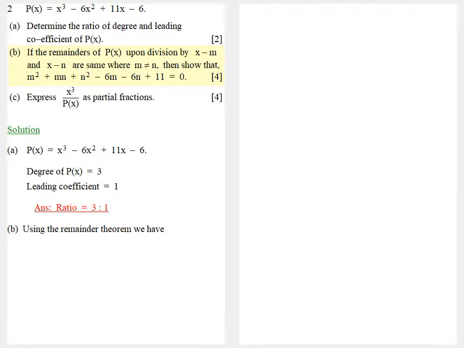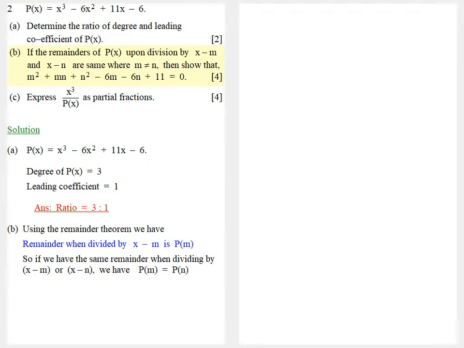To do this, we're going to use the remainder theorem. Now the remainder theorem says when dividing a function such as p of x by x minus m, then the remainder is p of m. So if we have the same remainder when dividing by x minus m or x minus n, we have p of m equals p of n.